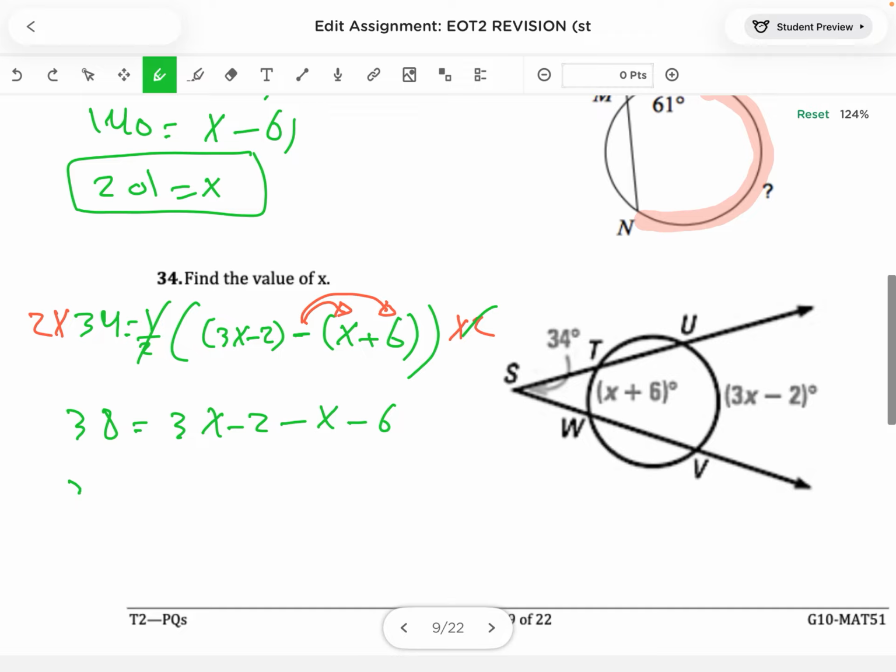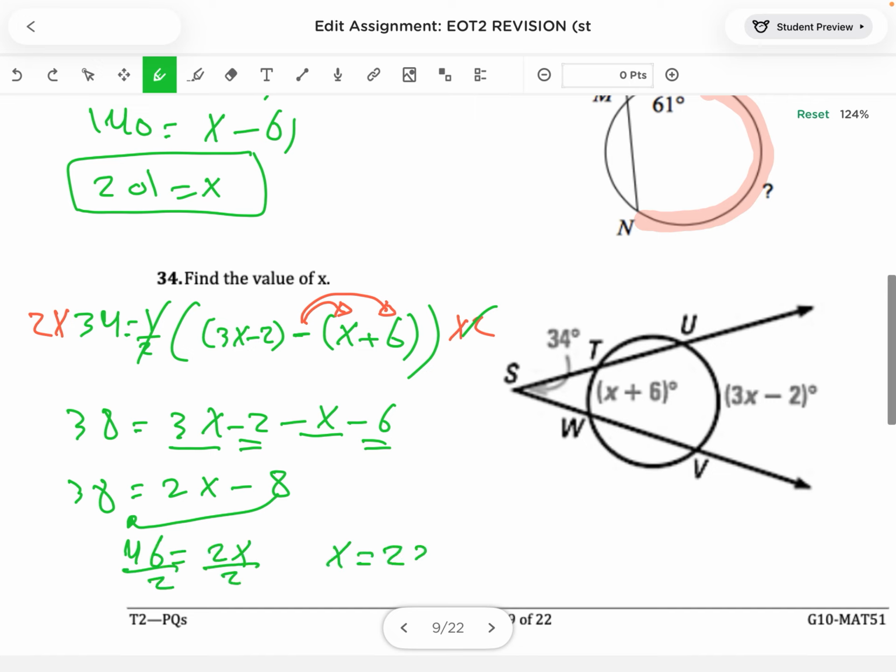So combine like terms: 3x minus x is 2x, minus 2 minus 6 is minus 8. Send the minus 8 to the other side. 76 equals 2x, divide by 2, so x will be 38. This is the value of x.